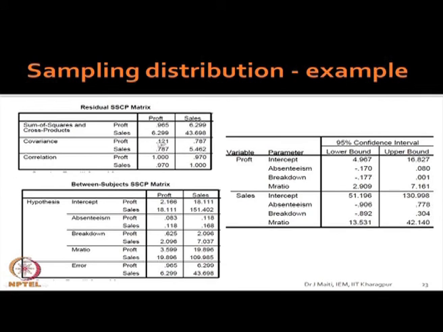These are the S0 square, S1 square and S2 square. These values are there, and you know n minus p minus 1, that value is known to you, and you will be able to find the variance and standard error once you multiply by (X transpose X) inverse.